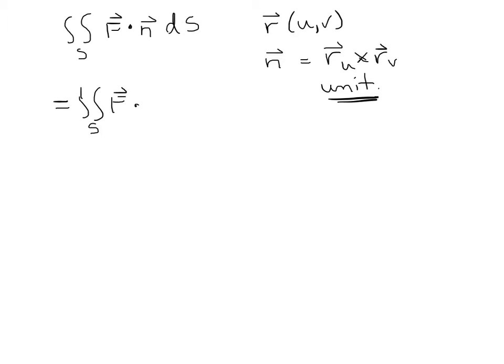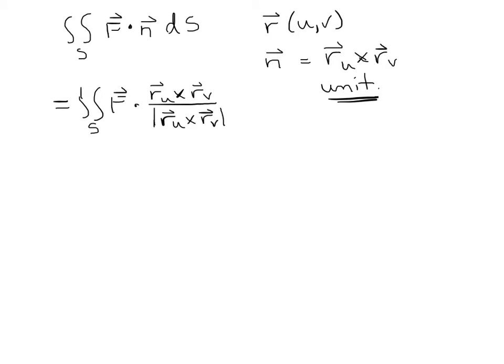So I'm going to dot it with r sub u crossed r sub v divided by the magnitude of r sub u cross r sub v. There's our unit normal vector. Then I want to multiply this by the dS part of it, which goes back to the last video.